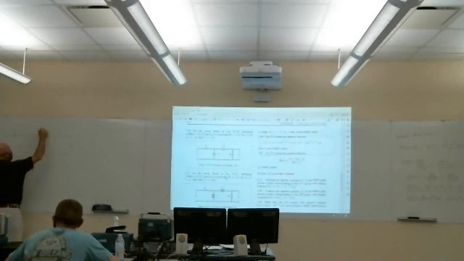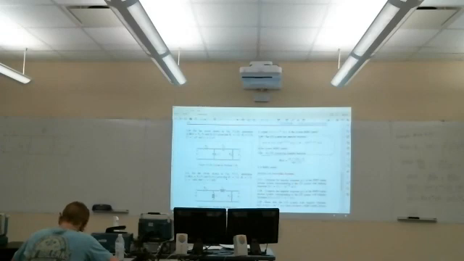Unfortunately, that's going to be kind of nasty. That's going to be 10 to the 6 over 2s, right? 1 over a micro is a million. And similarly, this is going to be 10 to the 6 over s, the impedance of that capacitor.